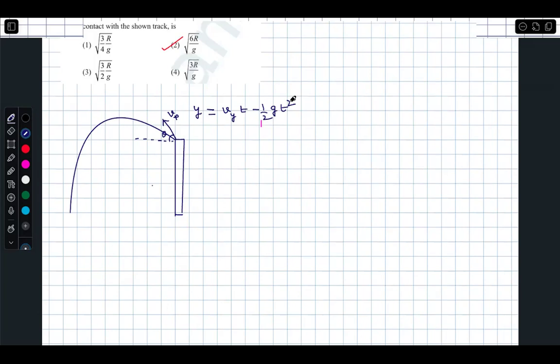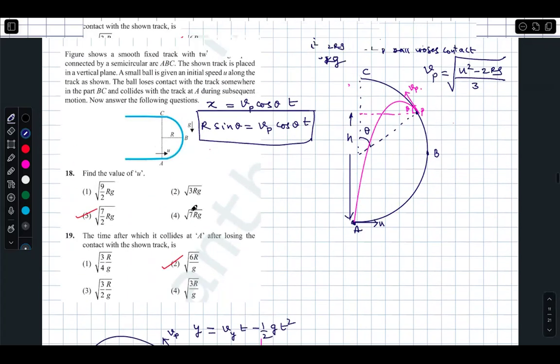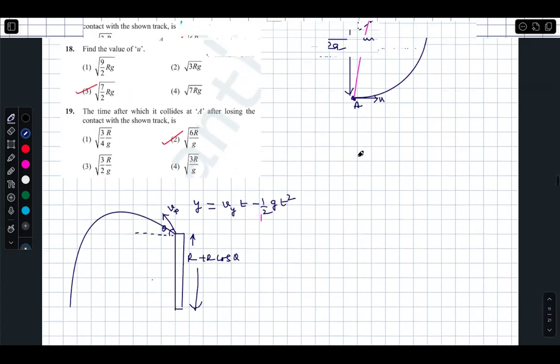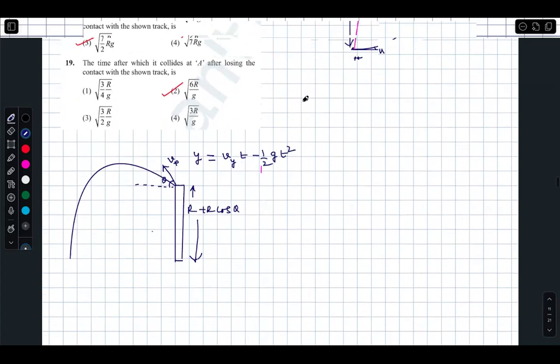Now, what is y for me? Y is nothing but r plus r cos theta. Agreed? Boys, agreed? Because h is r plus r cos theta. And now I am going to use this relation: minus of r into 1 plus cos theta. Why minus sign? Because upwards is positive for you, lower direction is negative.